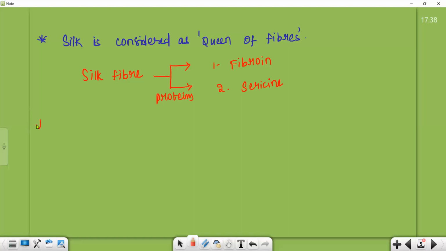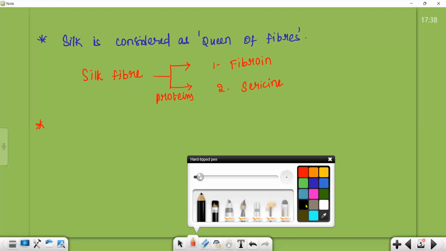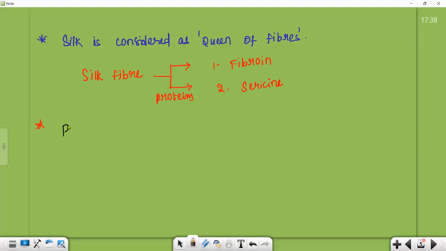Okay, and another term that comes here is pheromones. Pheromones are generally chemicals secreted by an insect to attract the attention of other members of the species.